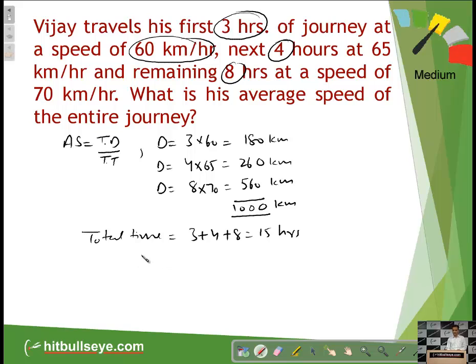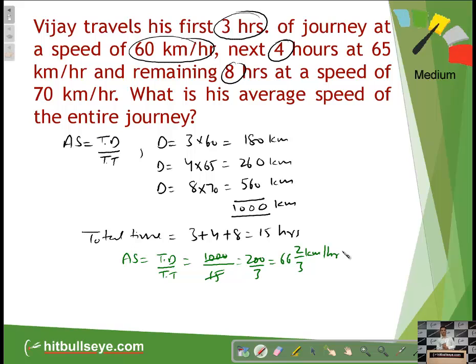Now total average speed is equal to total distance by total time. What is total distance? 1000. What is total time? 15. And it will be 200 by 3, which will be equal to 66 2 by 3 kilometer per hour, is the average speed of the entire journey.